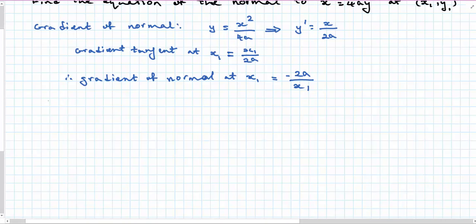Now I find the equation of the normal. And note, again, I am going to write my formula down. And I'm going to then substitute in.